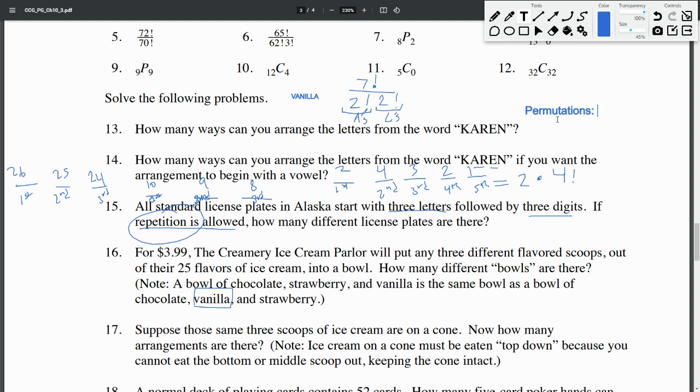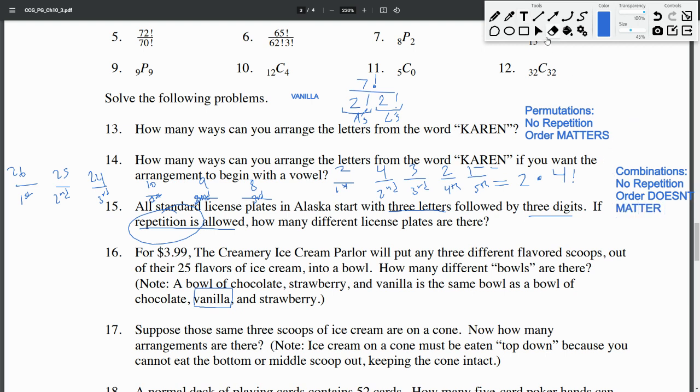Permutations: no repetition, order matters. Combinations: no repetition, but order doesn't matter. That's the difference between the two.